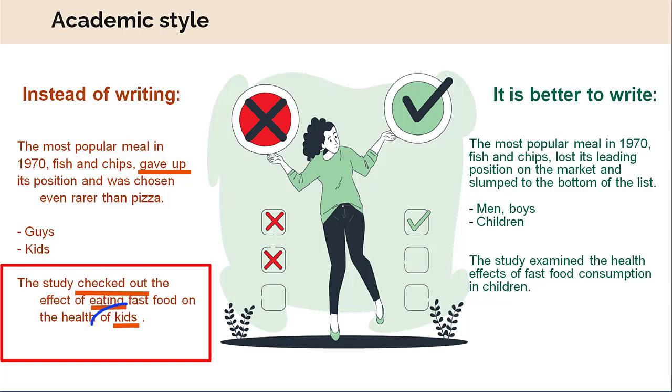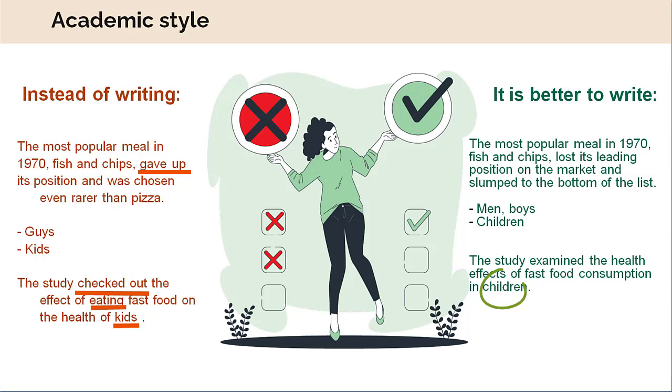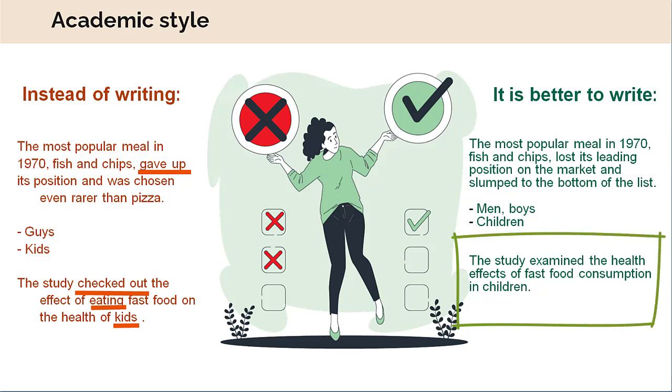Much better to avoid the word kids and to use children instead, and the same goes for guys. Guys is perfect for speaking, but in writing try to stick to men, boys. And the example which would be much better in this case is: the study examined the health effects of fast food consumption in children.